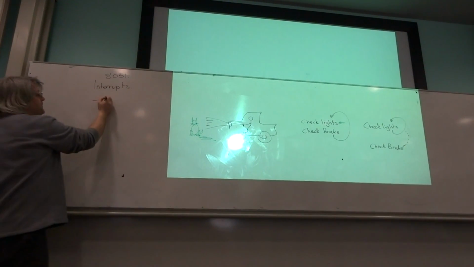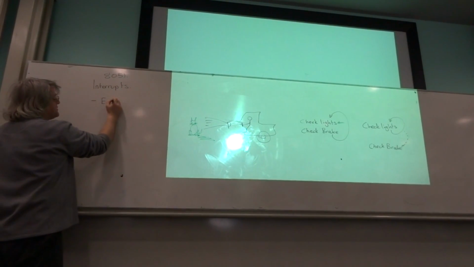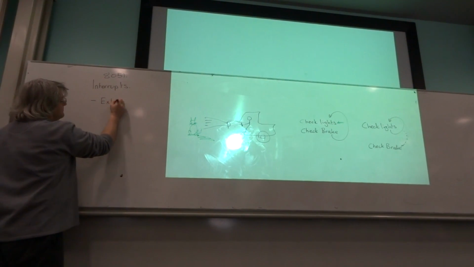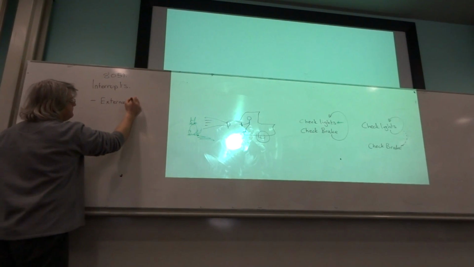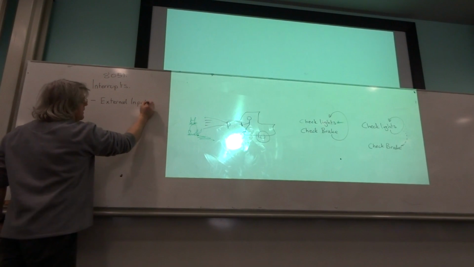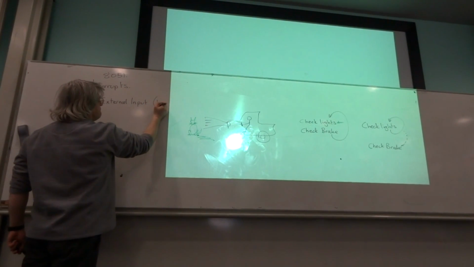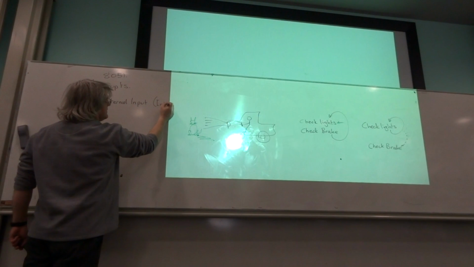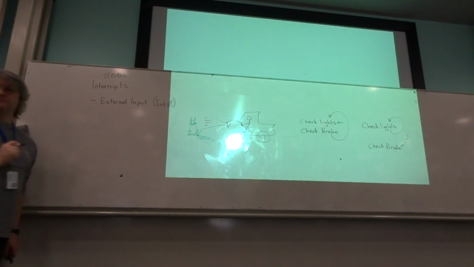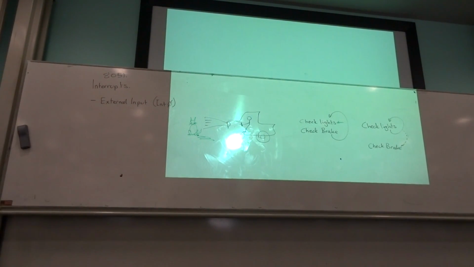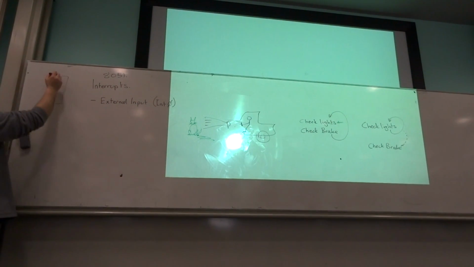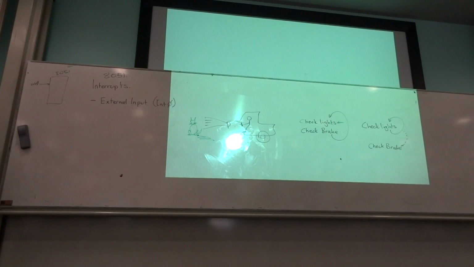The first one is a special external input, and I'll call that int 0. So if you choose to configure it to enable it, if a particular pin on the 8051, one of these pins that come into it, goes low, it will trigger an interrupt.